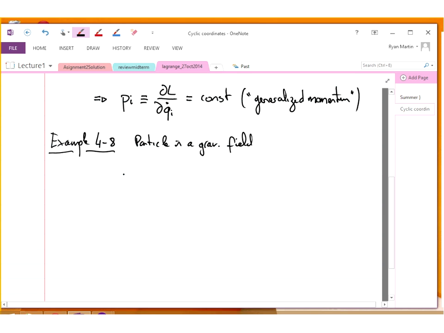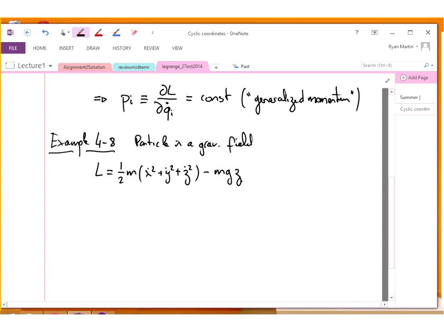So we know that the Lagrangian is the kinetic energy, (1/2)m(x dot squared plus y dot squared plus z dot squared), minus the potential energy, minus mgz.